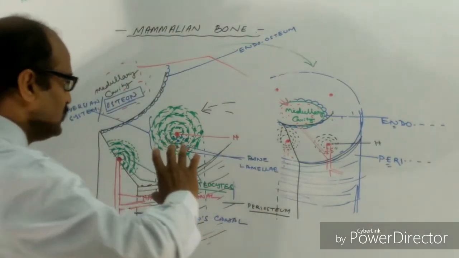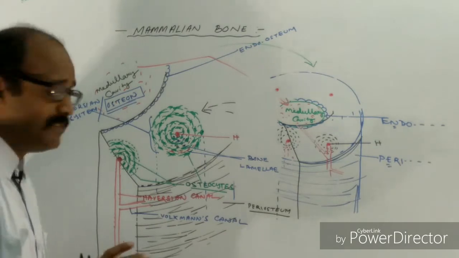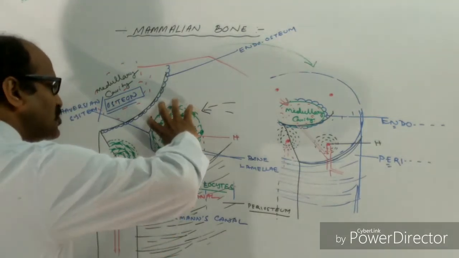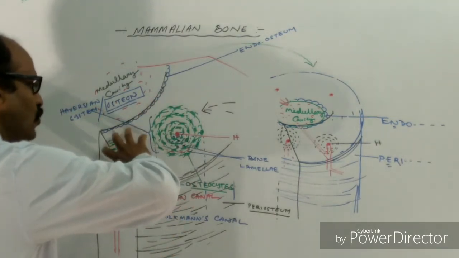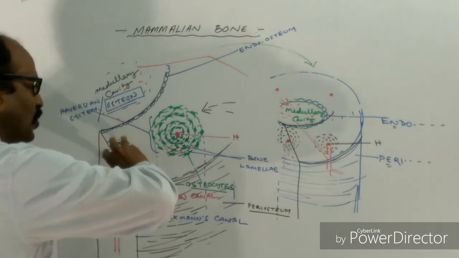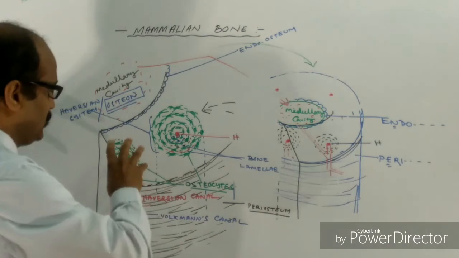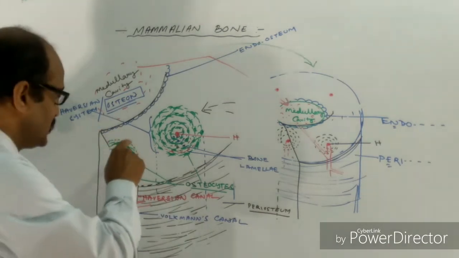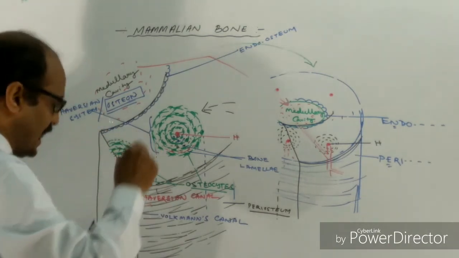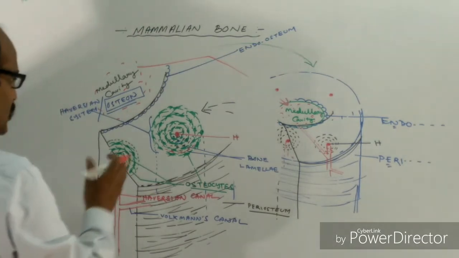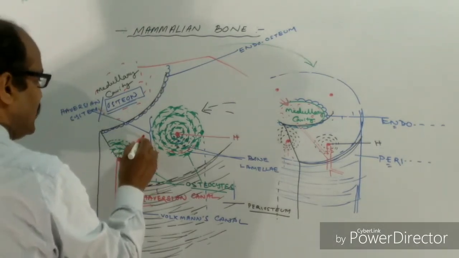That's why there is a gap between the complete osteon and the resorbing osteon or the remnant older osteon. And in this gap, there are some osteocyte cells.